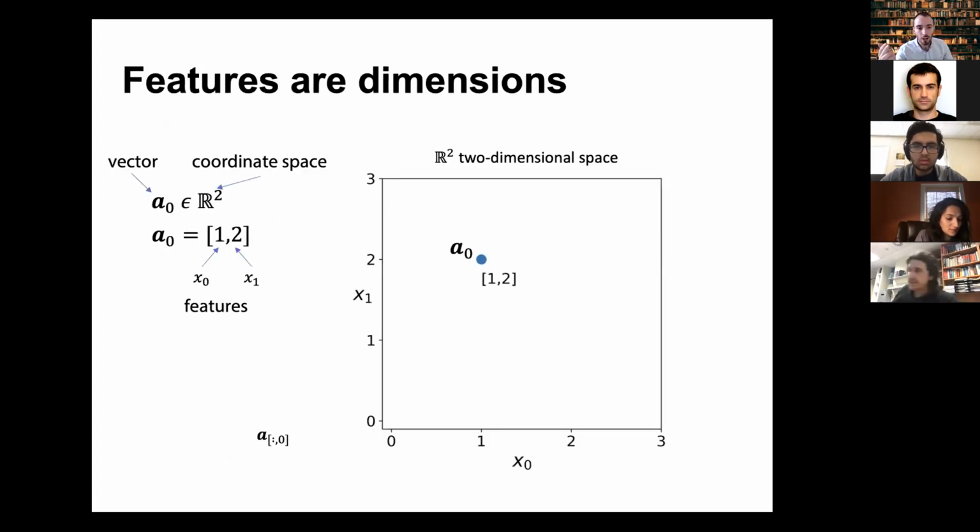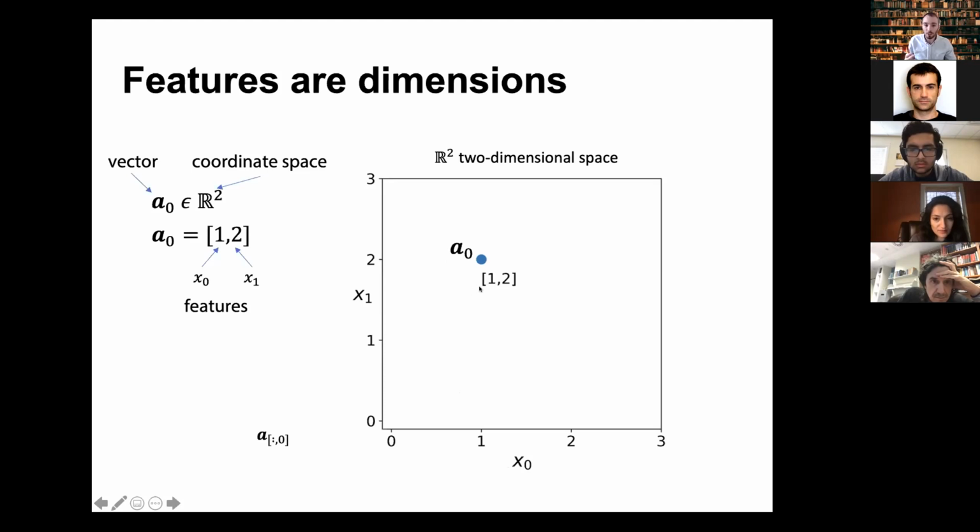We showed yesterday that you can think about features or variables as dimensions when you're plotting things. So this is a classic two-dimensional space. If you were in high school, maybe you heard the phrase Cartesian coordinates, where you have x comma y. In the same way, we could say x0 comma x1, and we can have some point a0.